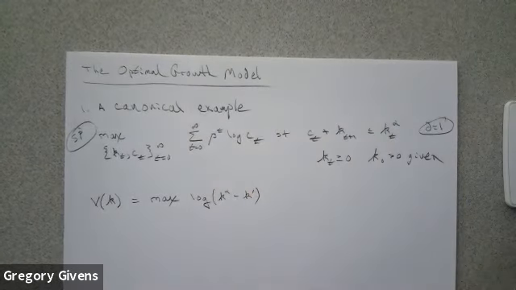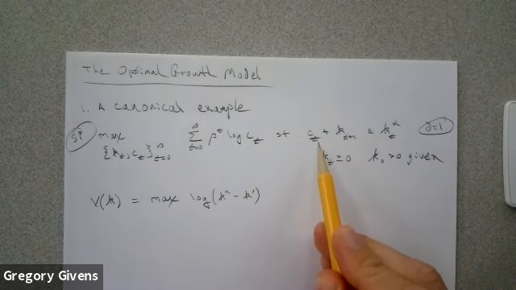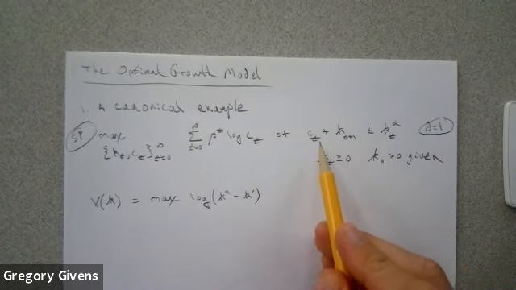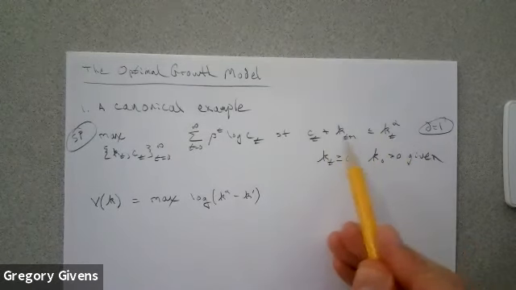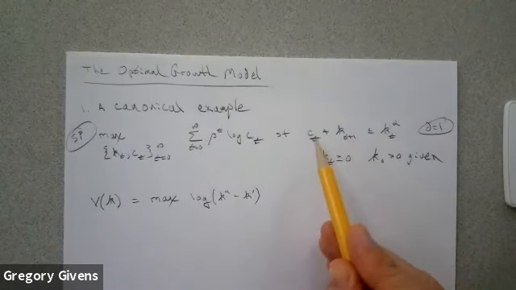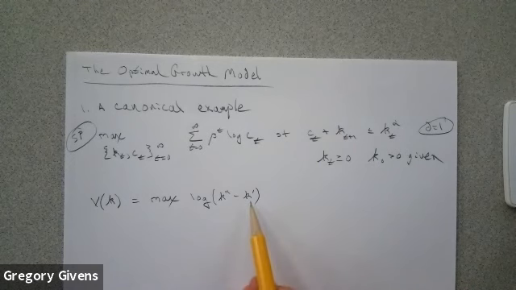The planner's choice of K prime, or K_{t+1}, is the same as the planner's choice for C_t. It's one decision. You've got resources, K to the alpha. If you decide on some K_{t+1}, you've therefore made a decision on C_t as well. So we're going to substitute consumption out of the problem and treat K prime, or K_{t+1}, tomorrow's capital stock, as the relevant control.